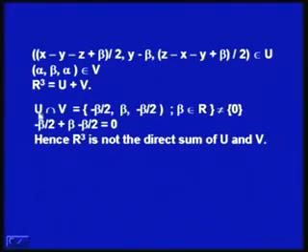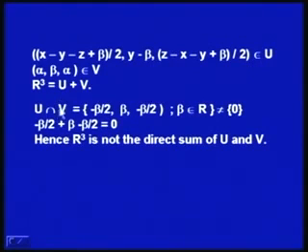In fact, one can further prove that U intersection V will be a set of the form (minus beta by 2, beta, minus beta by 2), where beta belongs to R, and this will be 0 only when beta is equal to 0, but beta can take any value. U intersection V will be a set of this form because it has to satisfy two constraints: the first and last components equal, and the sum of the components equal to 0.